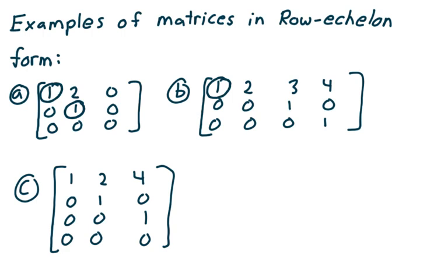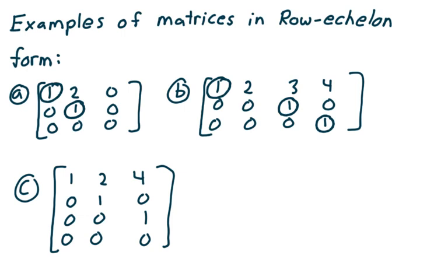In the second row, the leading one is right here, and in the third row, the leading one is right here. We don't have any rows of zeros to worry about, and that's fine. It could still be in row echelon form. The leading one in the third row is further to the right than the leading one in the second row, and the leading one in the second row is further to the right than the leading one in the first row. And so, part B is in row echelon form.